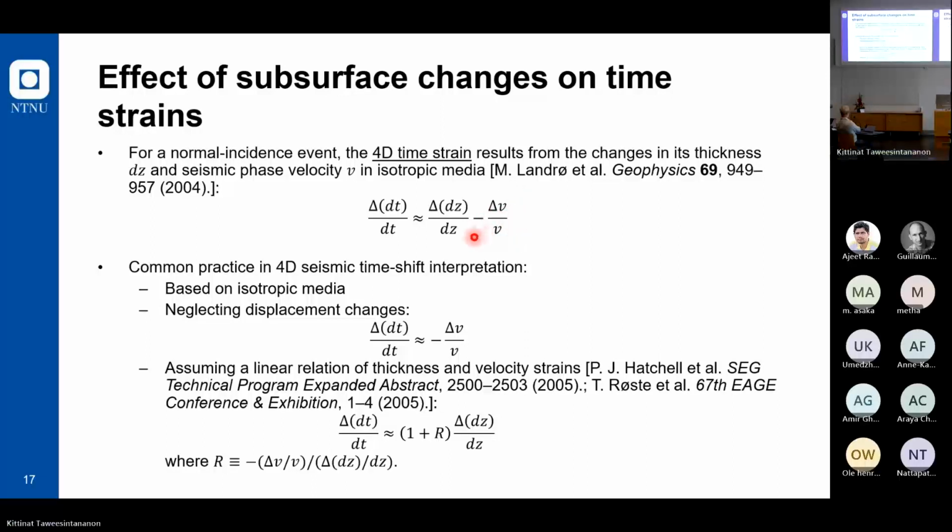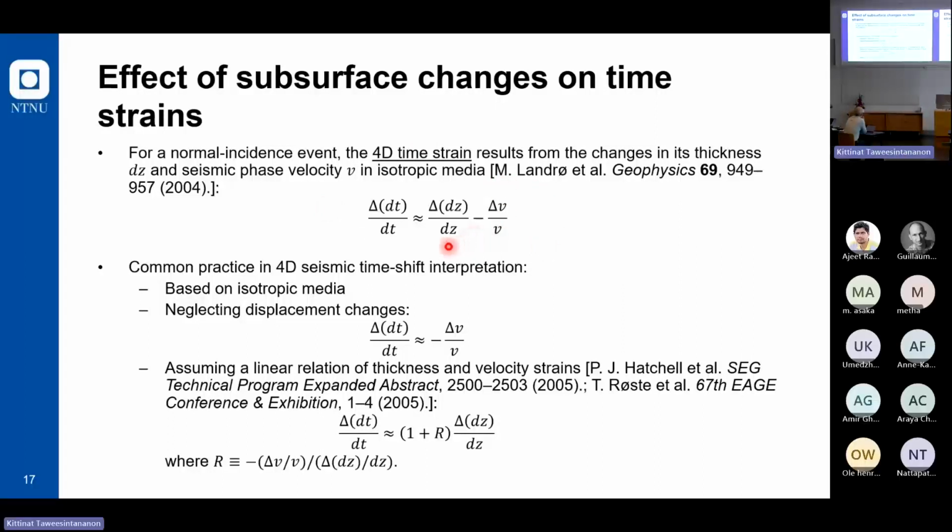If the thickness of the layer increases, that means a positive time strain. But if the velocity within the thin layer increases, that means the travel time strain decreases. So that is the interpretation of this equation.